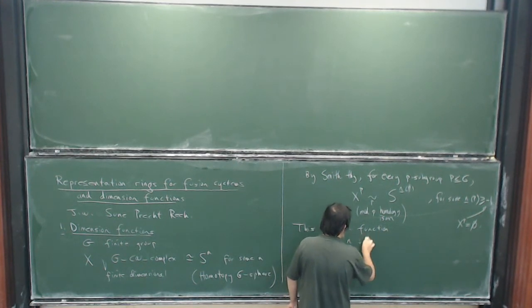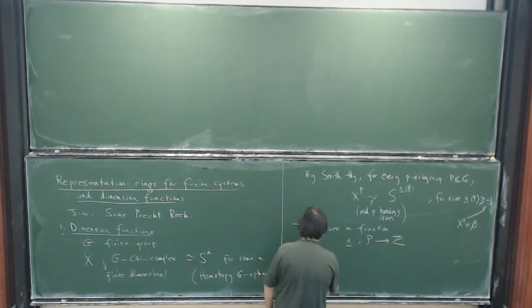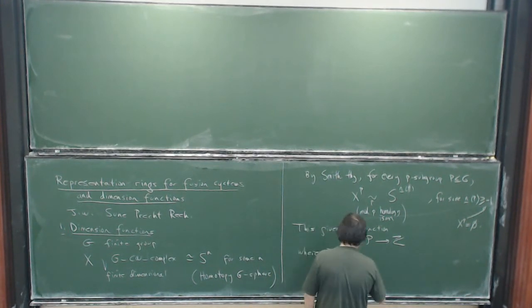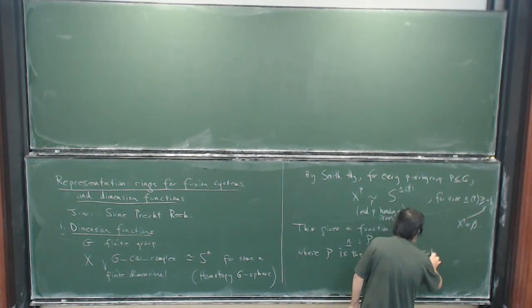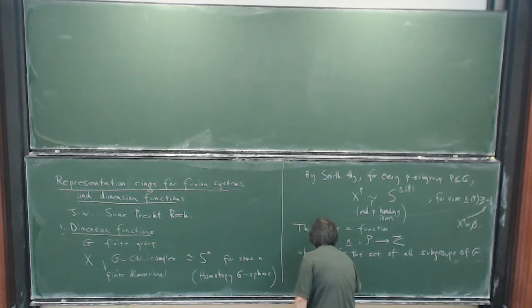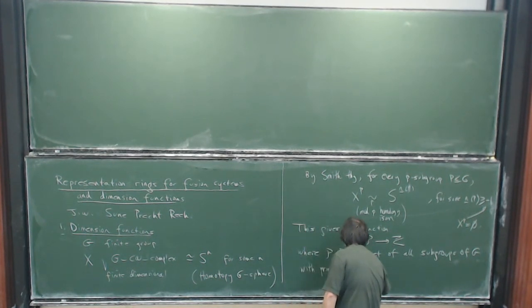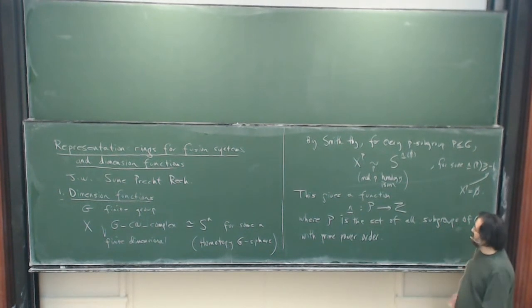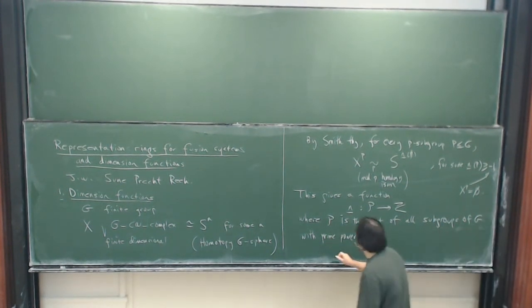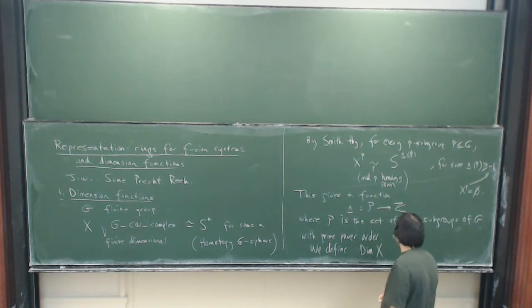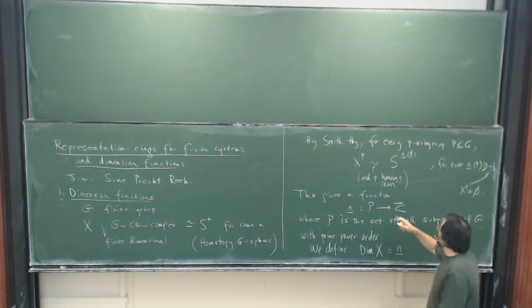It is a function from a set to the integers, where this set is the set of all prime power subgroups of G, that is, the union of all p-subgroups. Actually, this is a little technical detail, but we define the dimension function of X as n plus 1.